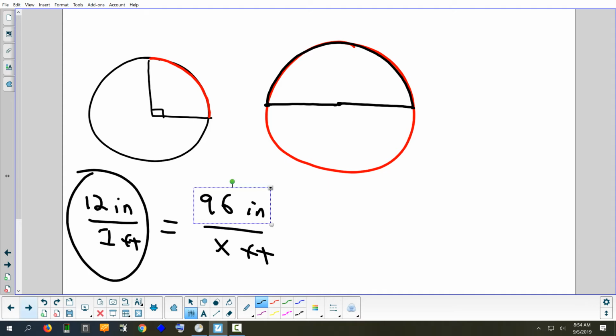Like, I couldn't do 98 if I wanted to? No, you can. I can do anything. He picked 12 and 1. But just because he picked that, it doesn't mean you can't put like 106 here. You can put any number you want here, or any number you want for feet. Right? The key is he just had to give me something that was true. Anything. He could have said 24 inches and 2 feet. That would have worked too. But 1 is the simplest way to do it.